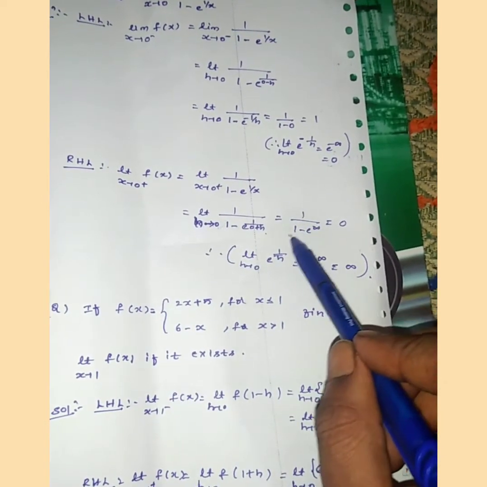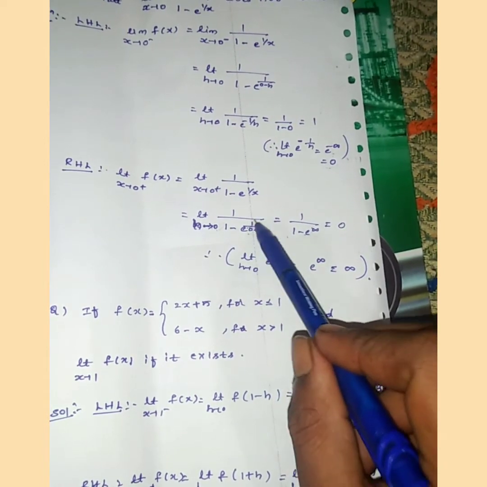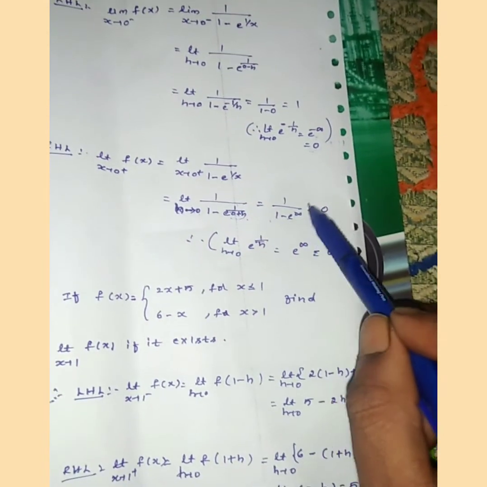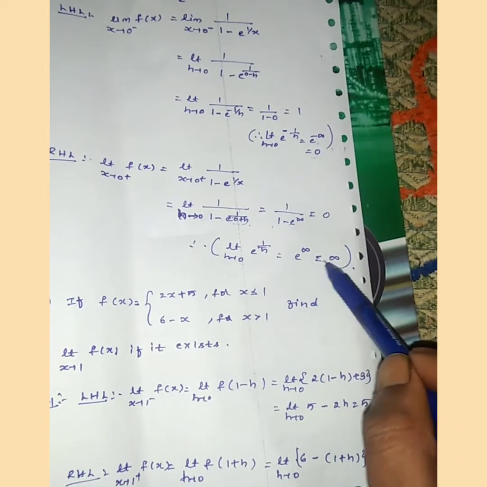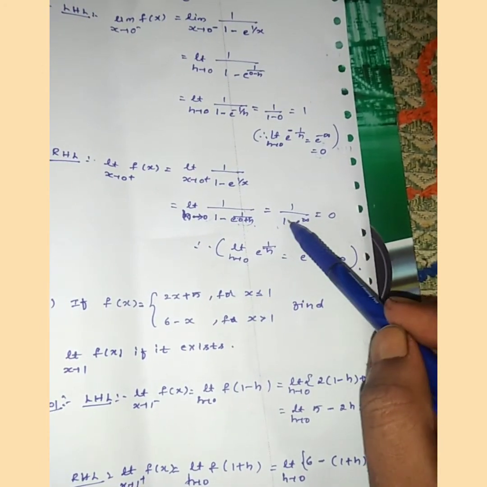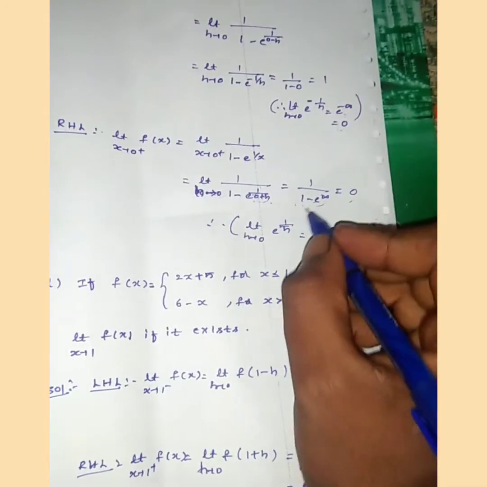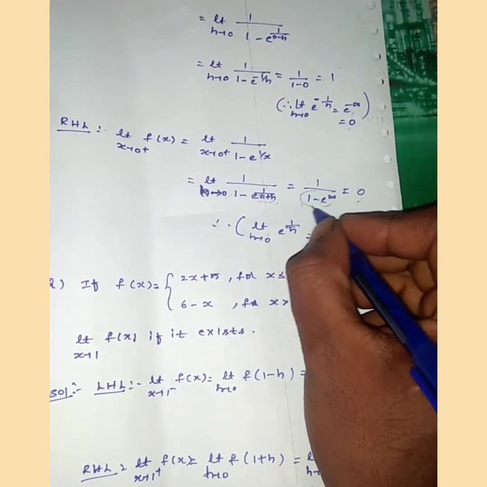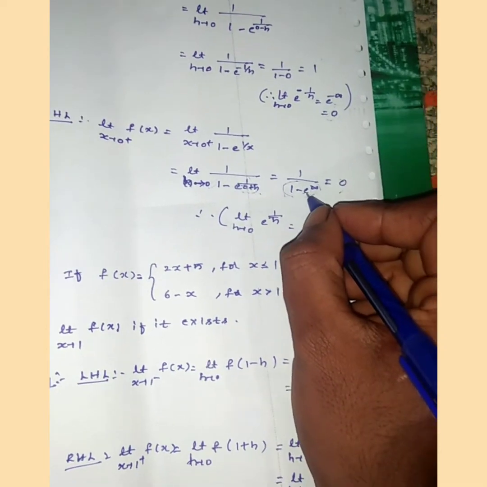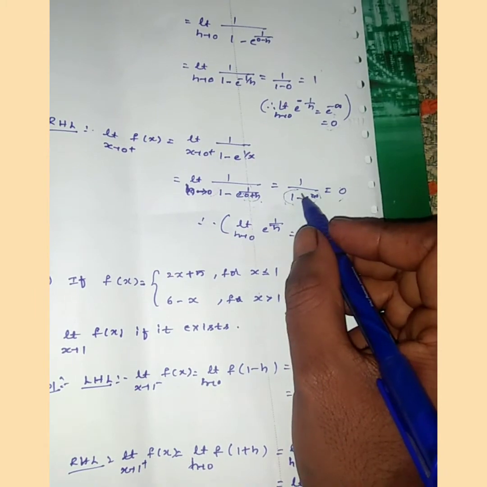Applying the limit, we get e power 1 by 0, the value is infinity, and e power infinity is again infinity. 1 by this entire term becomes infinite because e power infinity value is infinity.